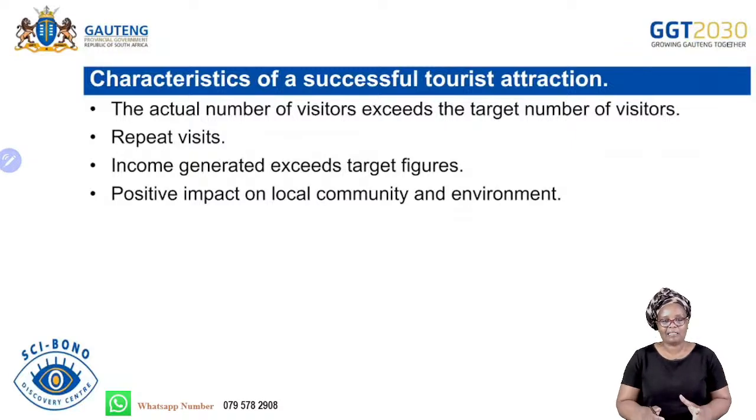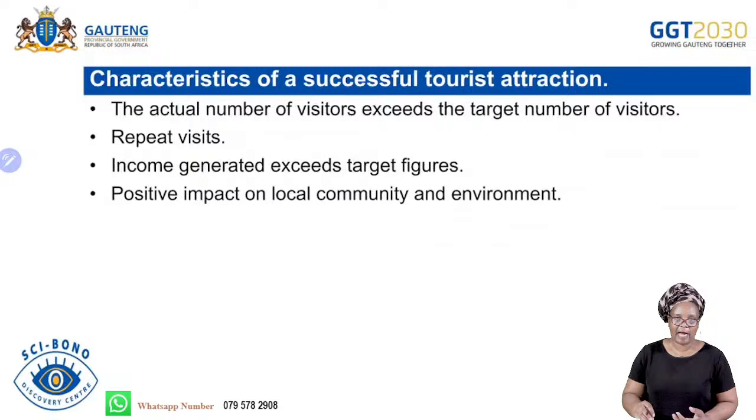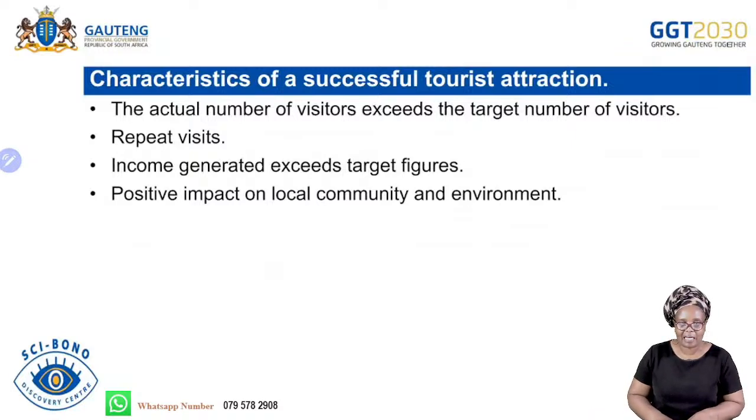If they are part of the attraction, they need to be involved. And when they are involved, they own that attraction. They own the attraction, and if they own that, they're going to make sure that there is no one who's going to do criminal things around the area. So they'll make sure that crime is being controlled because they own that.